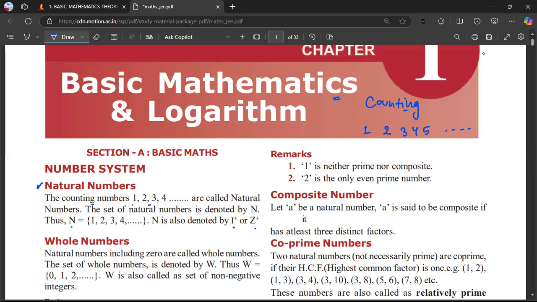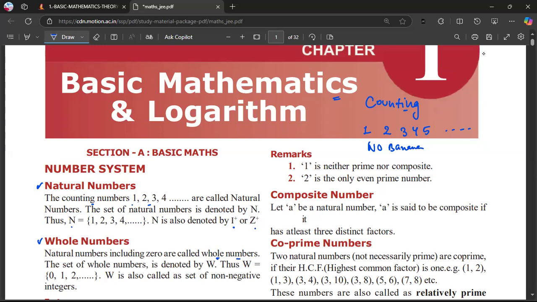And if we include the condition that there is no banana, we count no banana as zero. If anything is not present there, we call it zero. So if we include zero also in our counting, then the natural numbers including zero are called whole numbers.